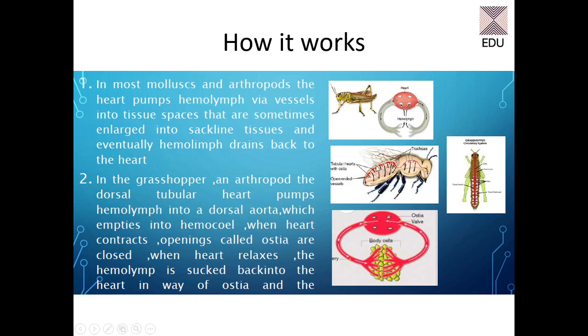This heart pumps the blood towards the anterior side, towards the head part. The heart pumps the blood into the aorta. It goes towards the head, to the organs and to the hemocoel. So this is the open space where the blood or the hemolymph goes after the pumping action of the heart.